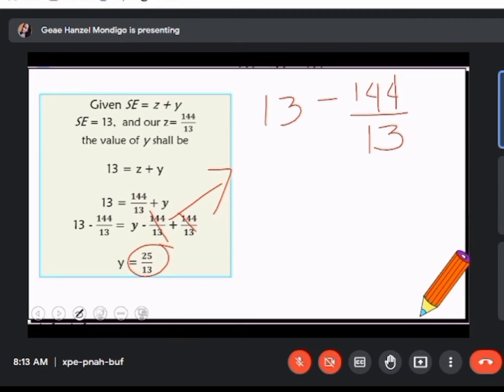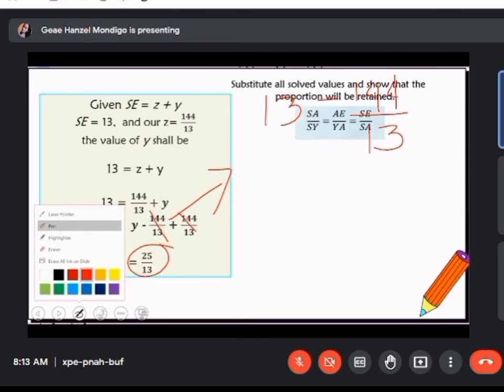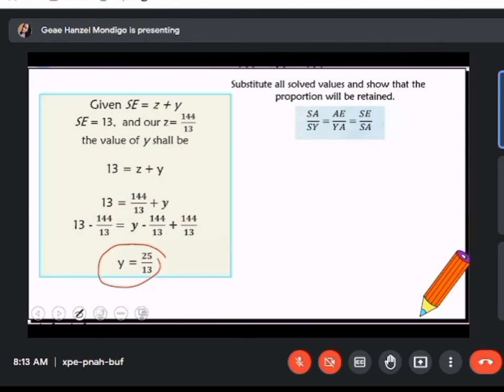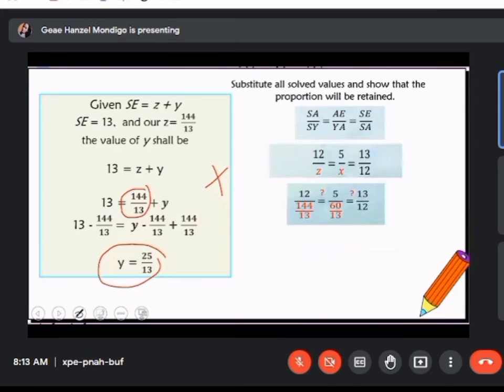Right? Now, let's proceed to our next process. Since we have now our value of y, which is 25 over 13, our value of z is 144 over 13, and our value of x is 60 over 13. Then, to check all these values, we are going to just substitute into our proportion, right?